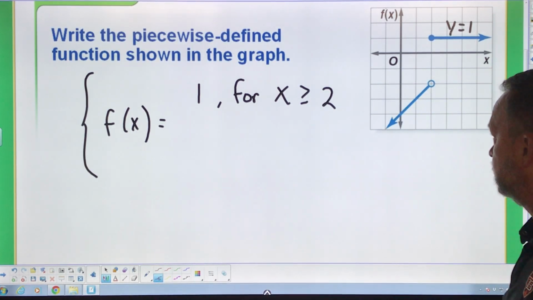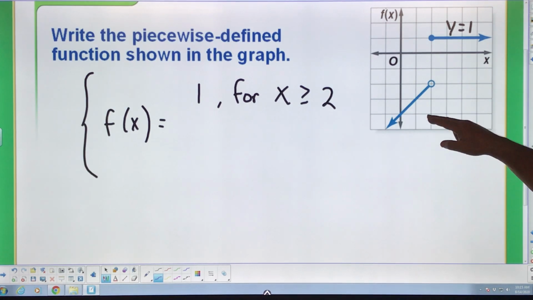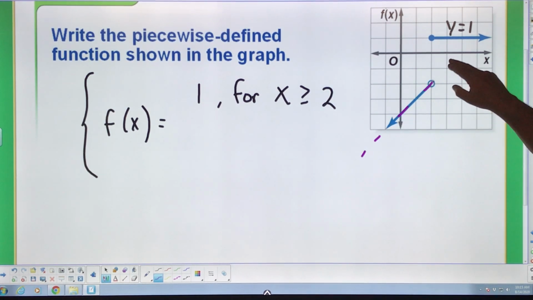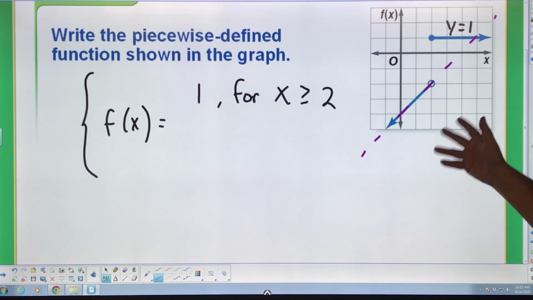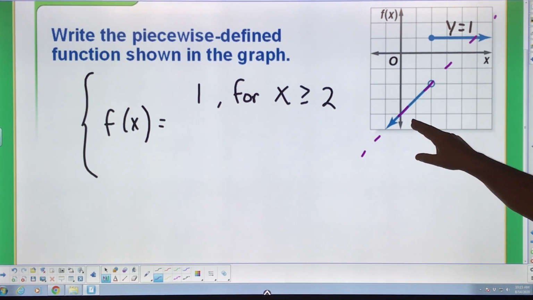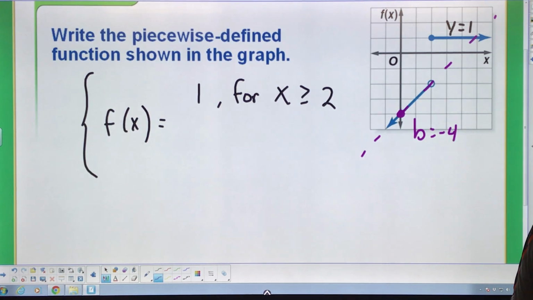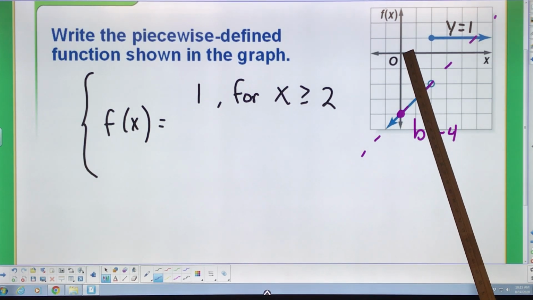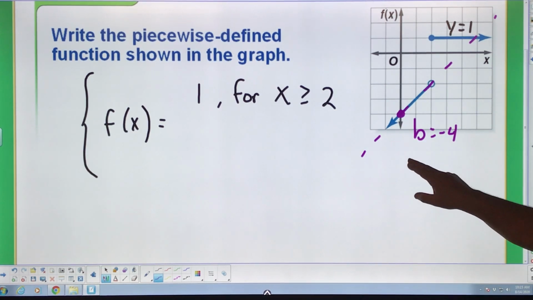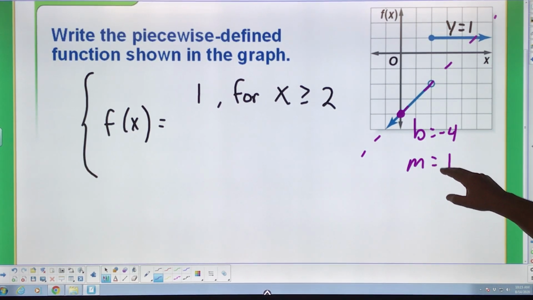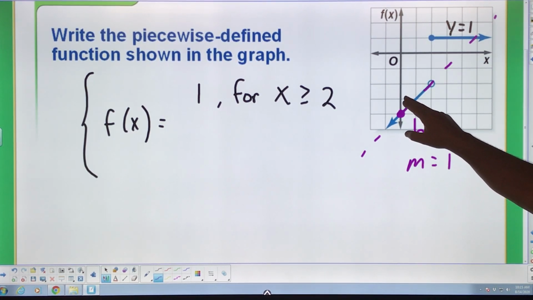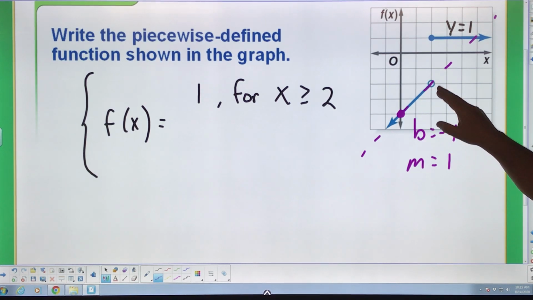Now let's look at this one. Normally this goes on and on and on. It just does it in this case. But normally it's a line that goes on and on and on. I do observe that the b is -4. Did you see the b is -4? The y-intercept is at -4. And I also noticed that the slope is 1. Rise 1, run 1, rise 1, run 1.